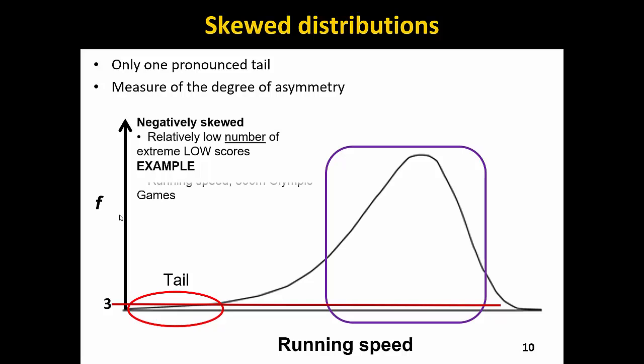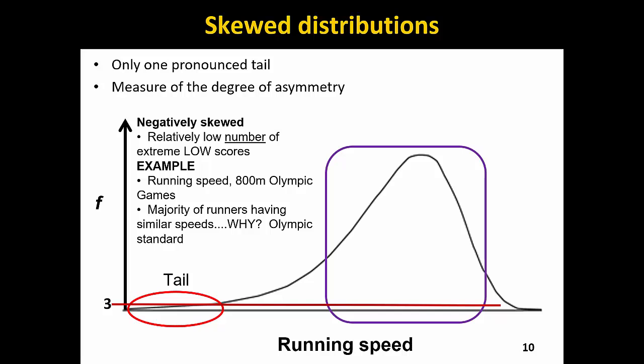And so the example here, as I mentioned, if we examine running speed in a track and field event at the Olympic Games, the 800 meters, we see that the majority of the runners at the Olympic Games for this event have very similar, not exactly the same, but similar running speeds clustered around the average.